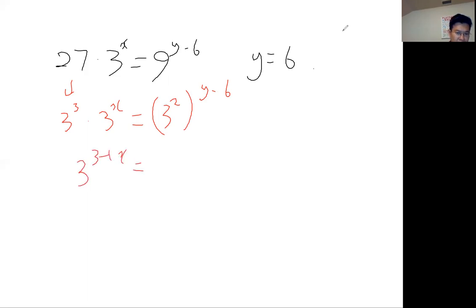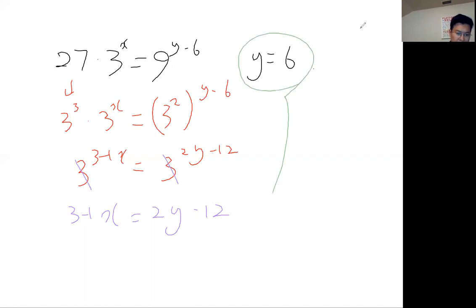The right side is multiplied because there's a parentheses, 2y minus 12. Now the base goes away: 3 plus x equals 2y minus 12. Since we know y equals 6, plug this in: 3 plus x equals 12 minus 12, which is 0. That's why x has to be negative 3.